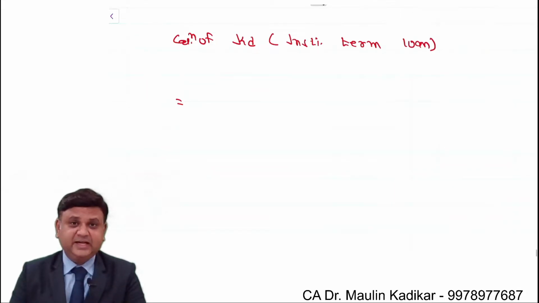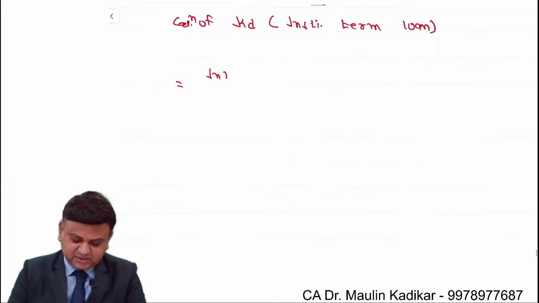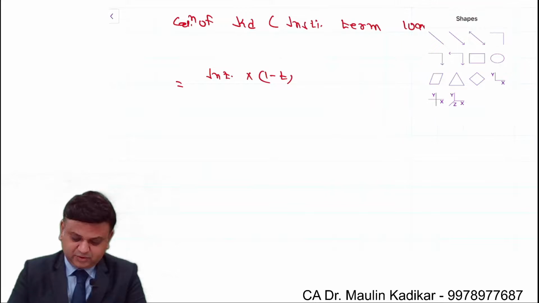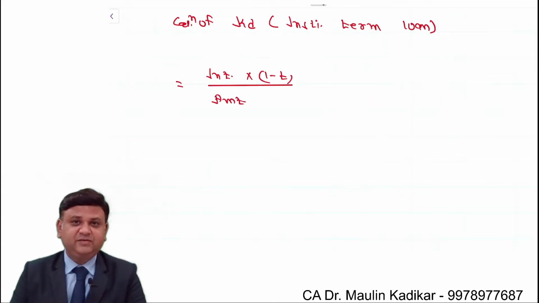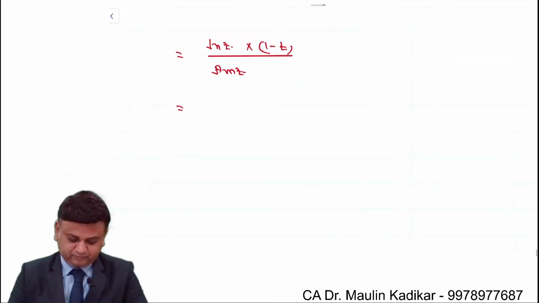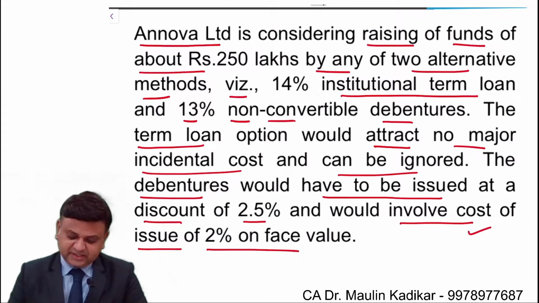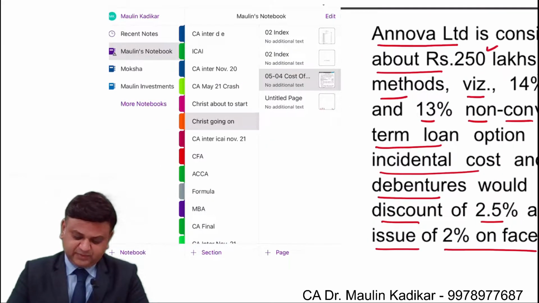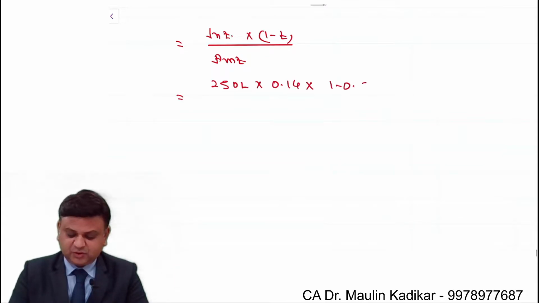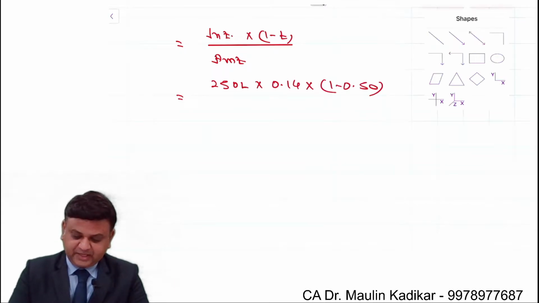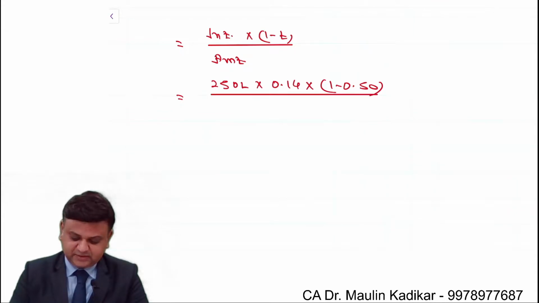In that case, we will write the answer like this. It is interest into 1 minus T divided by amount. This is the way we are required to calculate the answer. So here 250 lakhs is the loan amount, and the rate of interest is 14%. So 250 lakhs into 0.14, the income tax rate is 50%, divided by 250 lakhs.